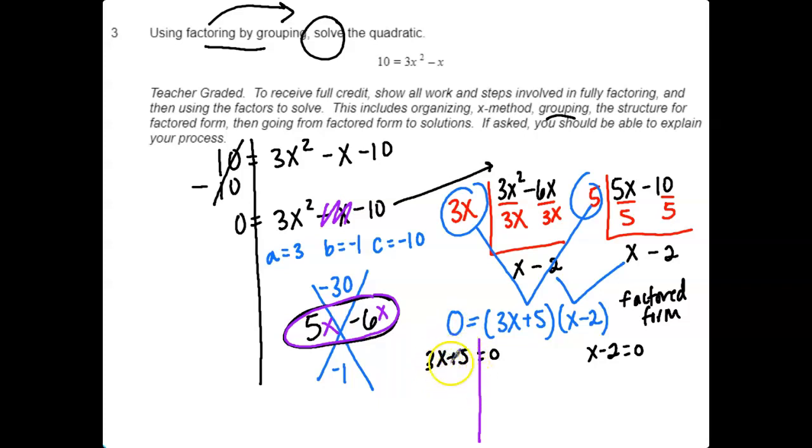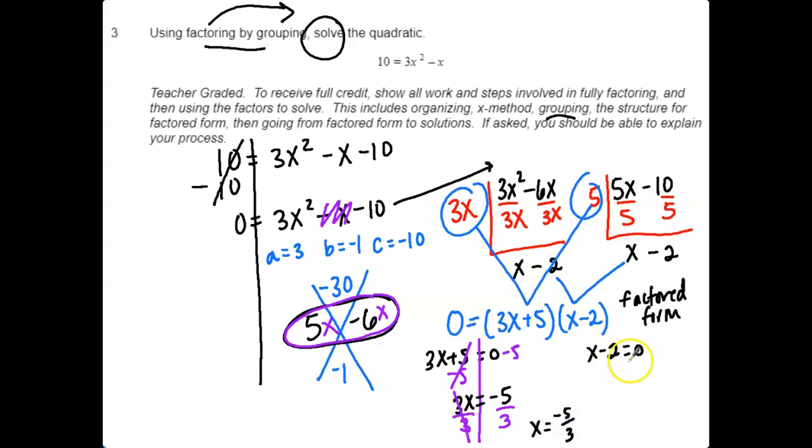So I'm going to start with adding and subtracting. 5 is being added, so that means I'm going to use the inverse, so subtract 5. 5 minus 5 is 0, so I have 3x is equal to 0 minus 5 is negative 5. And then 3 is being multiplied with x, and the inverse of multiplication is division. So that would mean that one of my solutions is x is equal to negative 5 over 3.